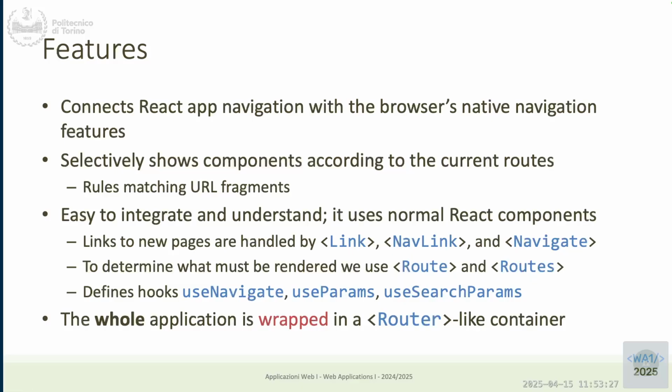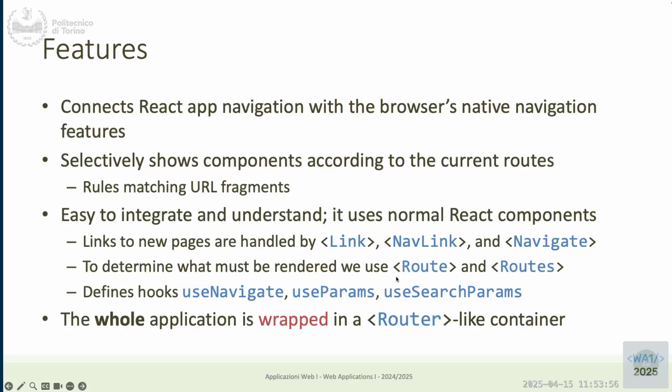Okay, and they work like a switch statement in a programming language. According to this, render one block or another. We don't need to write the ifs ourselves. All the matching and all the optimizations are done by the components. And then there are other components, Link, NavLink, useNavigate, and so on, for moving across pages.